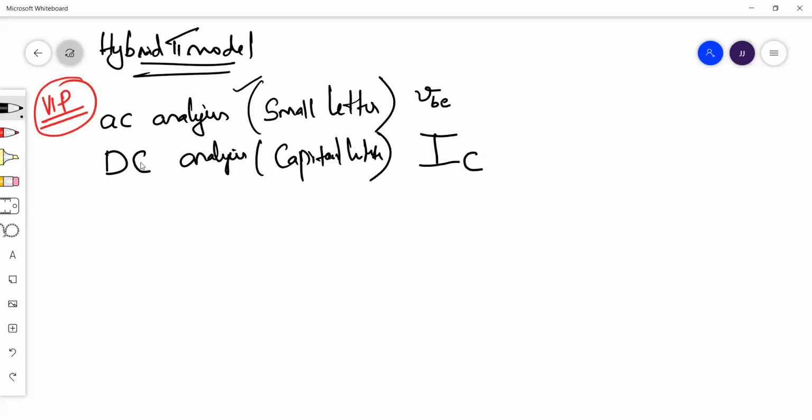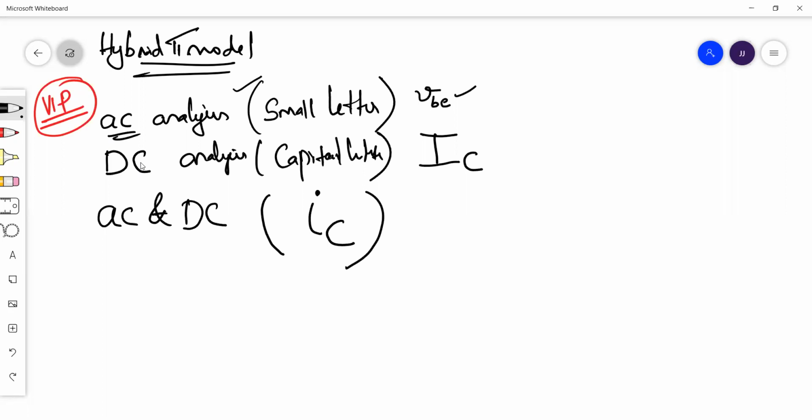Then, if there is a representation that includes both AC and DC, if you want to use both representations, then it is a mixed representation. AC analysis means all small letters. DC analysis means all caps. But if there is a circuit having both AC and DC, the representation is like this: the main letter you write first must be small, and what you write in the suffix must be capital.